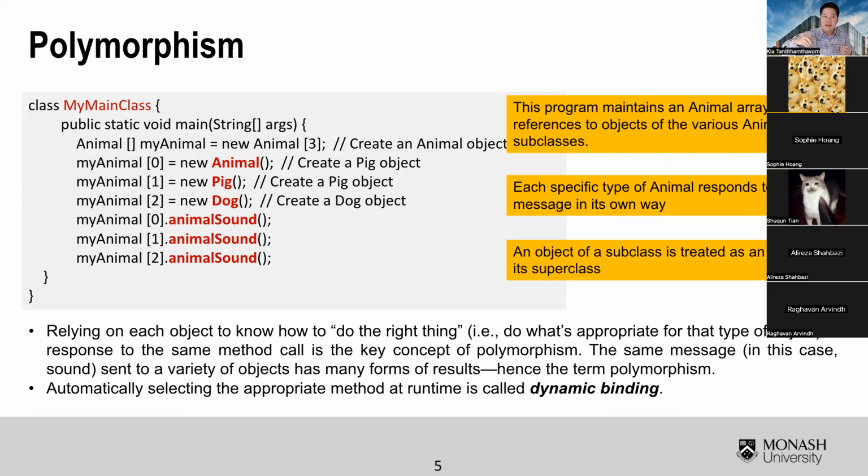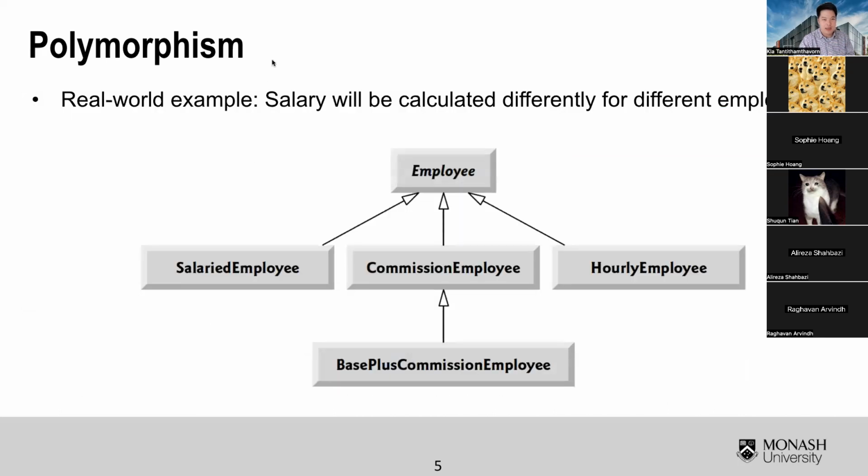So when we create a new class, we can modify the property inside as well, right? In this case, the animal is the superclass, and pig and dog are the subclasses here. Does it make sense?